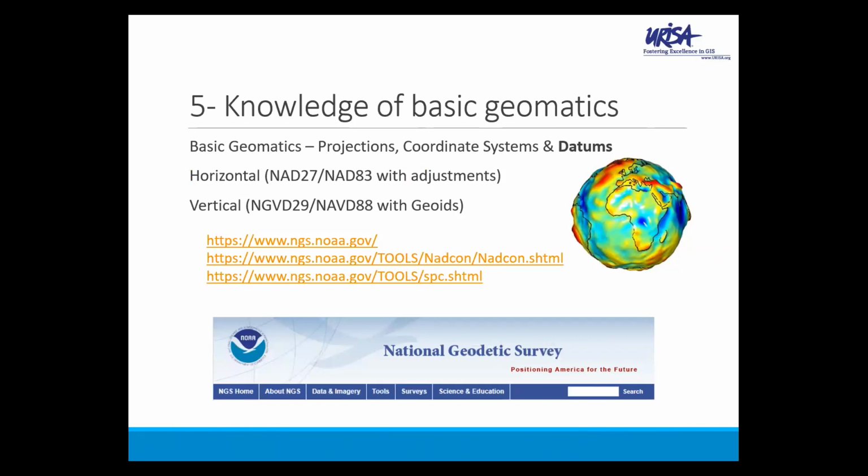The vertical measurement, our NAVD 88 with Geoid 12B, will soon, in 2020, be replaced by a new vertical datum that's going to be called GRAV-D, G-R-A-V-D, of 2020. If you're interested, there's plenty of information out there on GRAV-D 2020 on the NGS NOAA website.